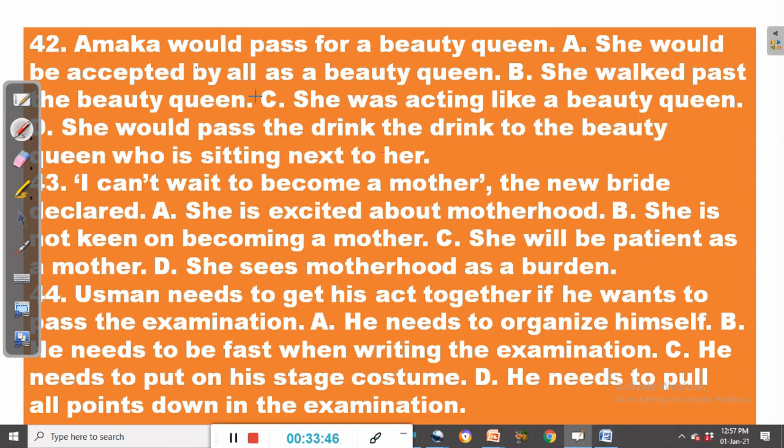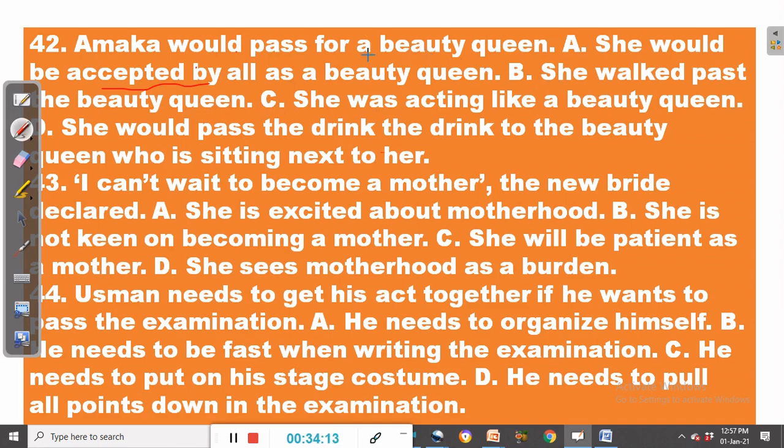A, she would be accepted by all as a beauty queen. I think this is a likely answer. If Amaka would pass for a beauty queen, it means she would be accepted by all as a beauty queen. But let's look at other options. B, she walked past the beauty queen. Obviously, that's not the meaning. C, she was acting like a beauty queen.